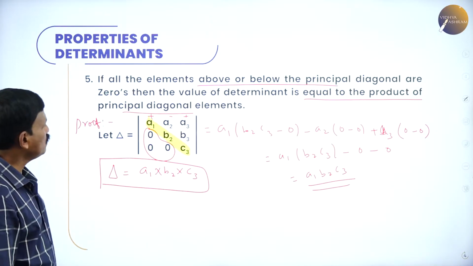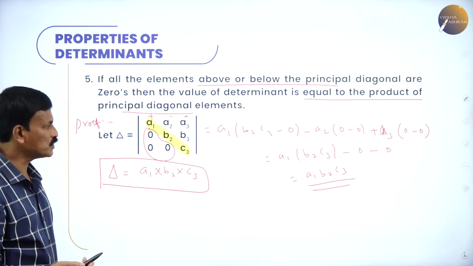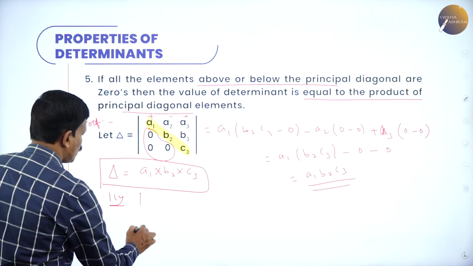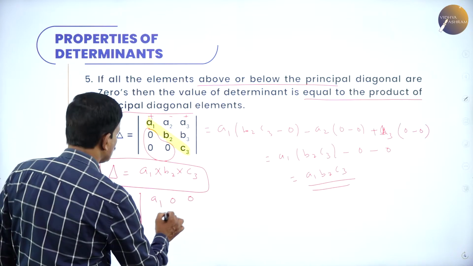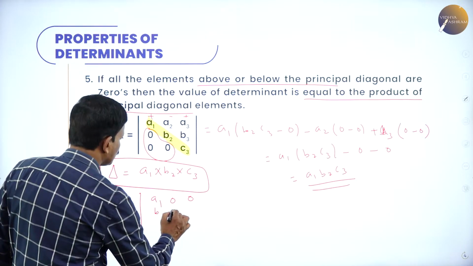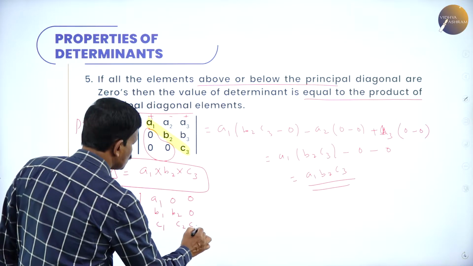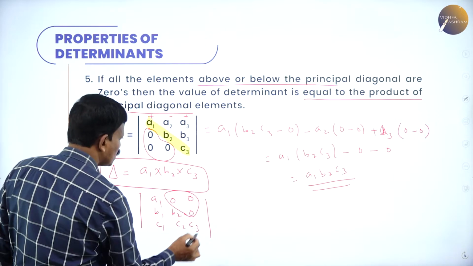So if all the elements below the principal diagonal are 0, then the value of the determinant is the product of the principal diagonal elements. Similarly, for example, take the determinant with rows a1, 0, 0; b1, b2, 0; c1, c2, c3. Here all the elements above the principal diagonal are zeros.